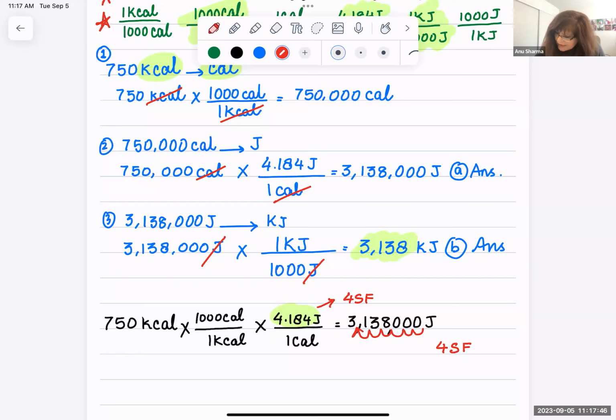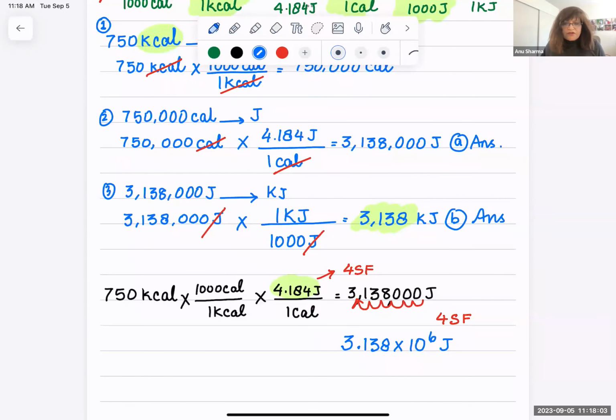So in this case, the answer becomes 3.138, 4 significant figures, times 10 raised to the power 6 joules, since you moved it 6 places. So it gives you the answer in 4 significant figures, not in the standard notation. In standard notation it's not possible.